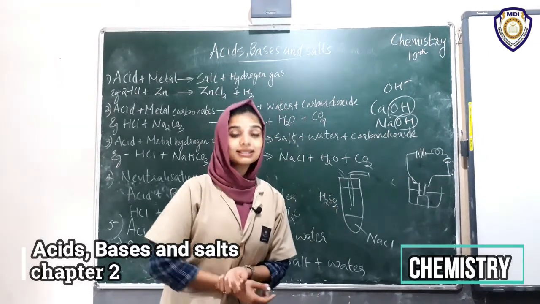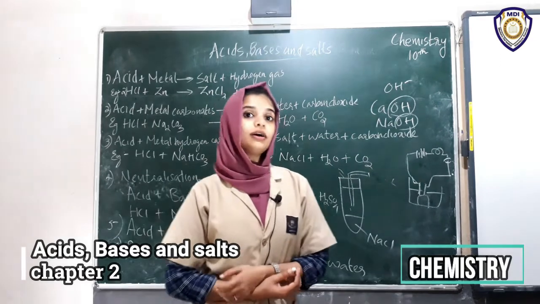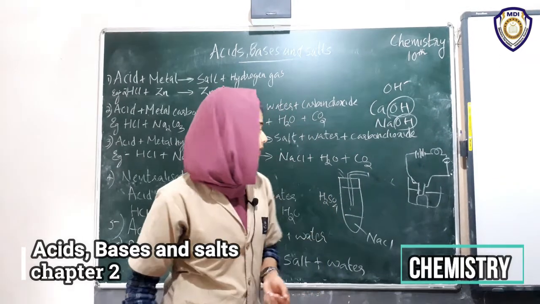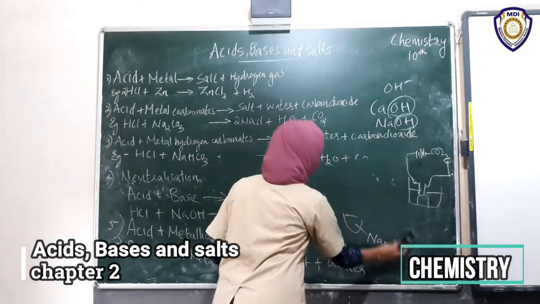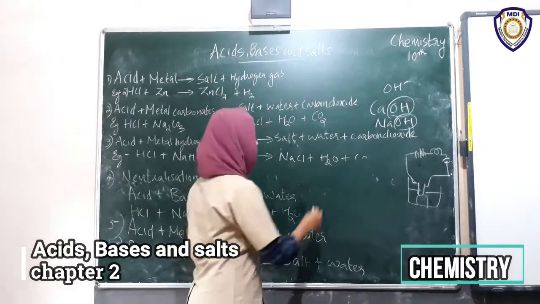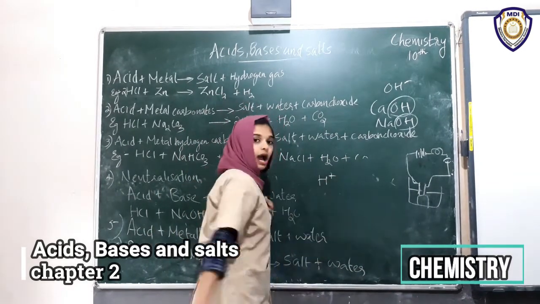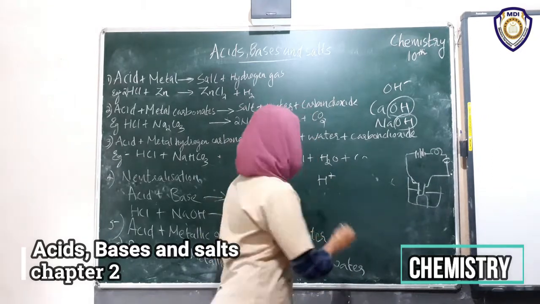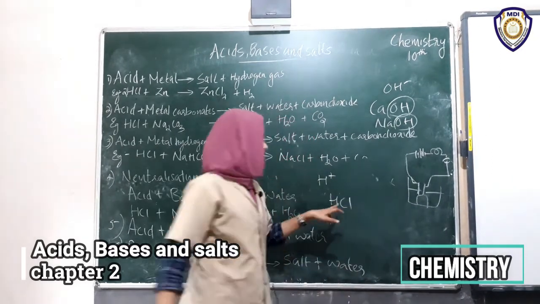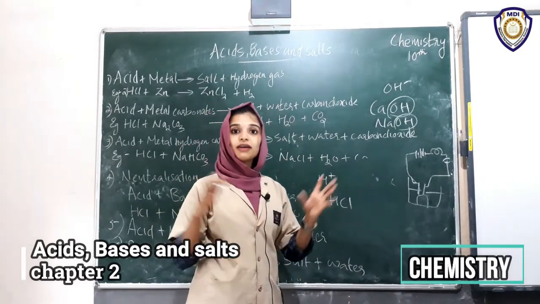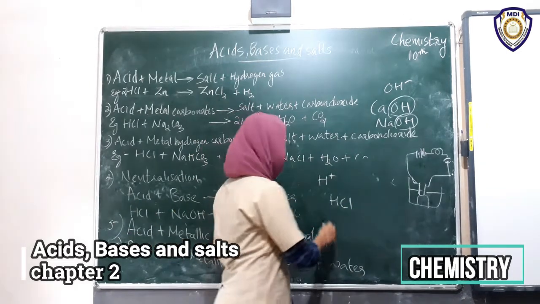So when we add an acid to water, it forms ions. HCl is an acid, but the H plus and Cl minus never get separated in HCl itself.